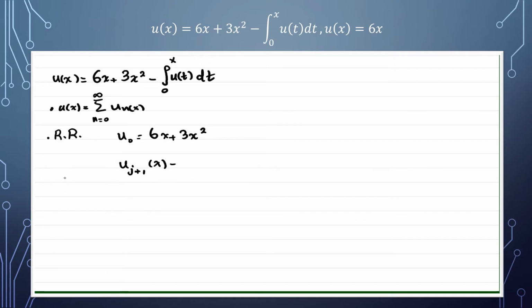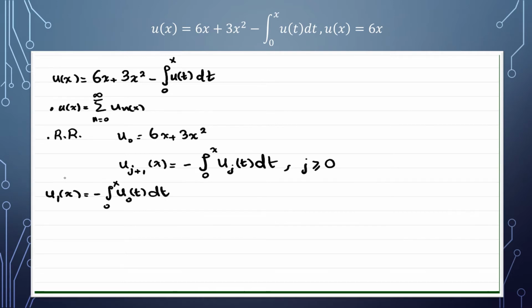uj plus 1 of x equal to minus the integration from 0 to x uj of t dt. Of course, where j is greater than or equal to 0. Now we can get u1, which will be equal to minus the integration from 0 to x u0 of t dt.